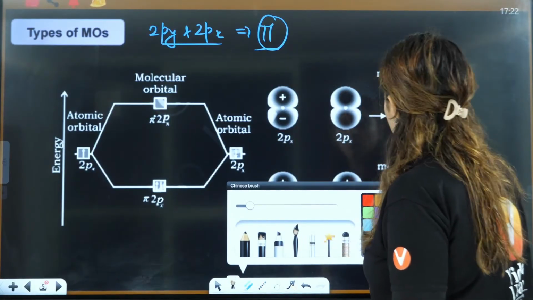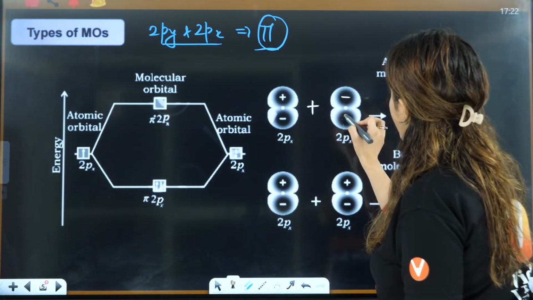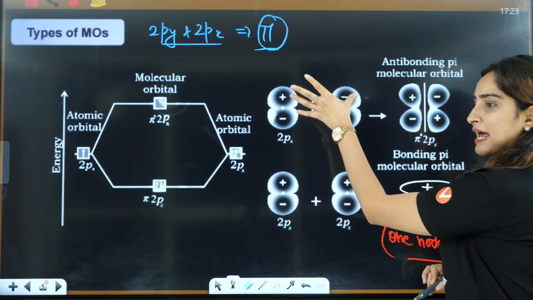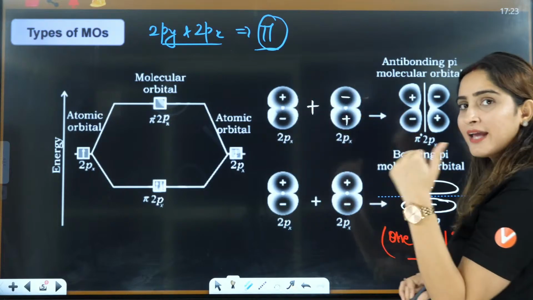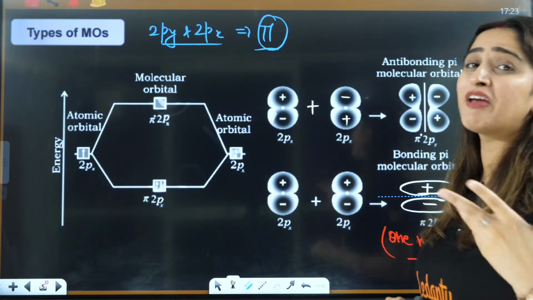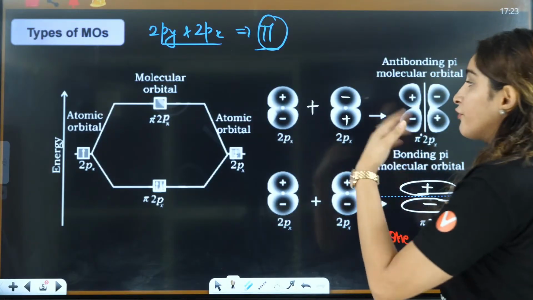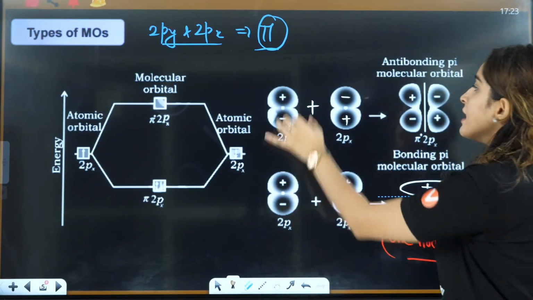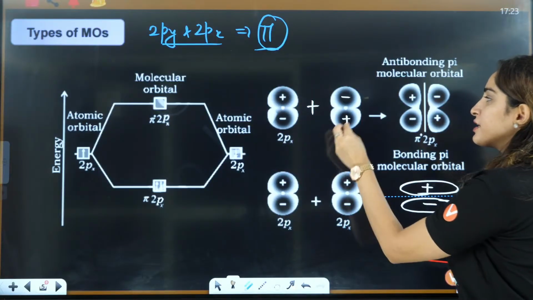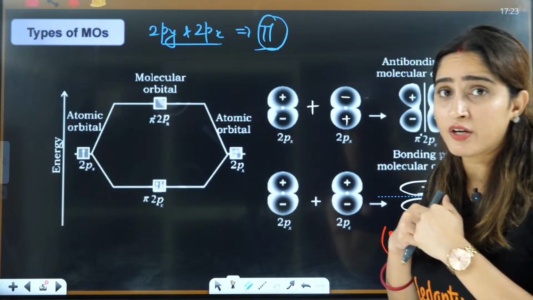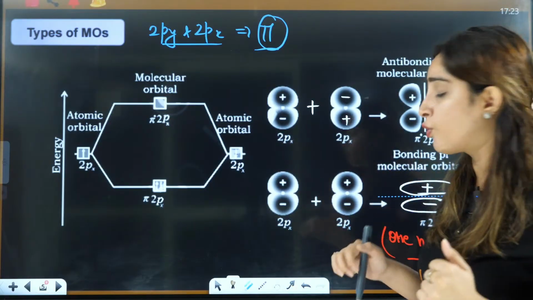You can also write it as addition: this will be minus, this will be plus. These signs represent the wave functions, the phases of the wave, crest or trough. Positive and negative, when overlapped, will definitely form anti-bonding because two opposite phases are being overlapped here.